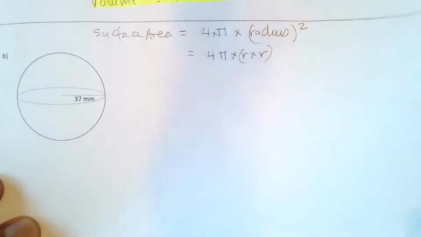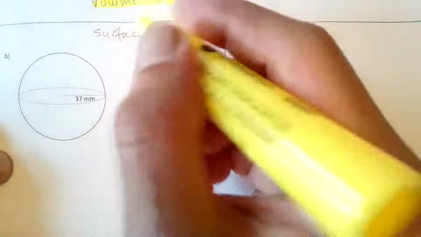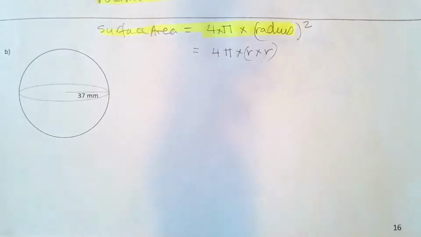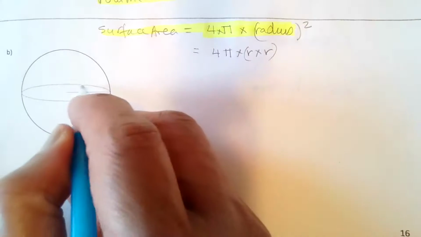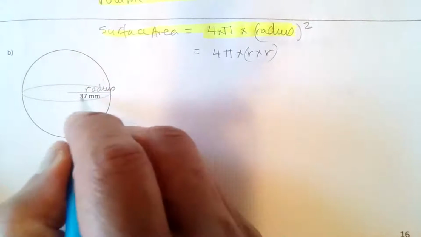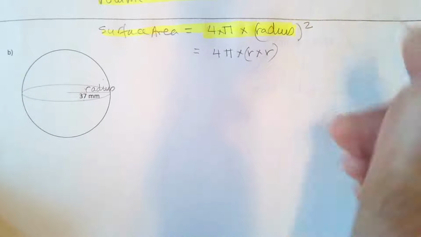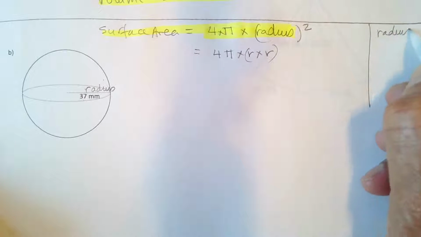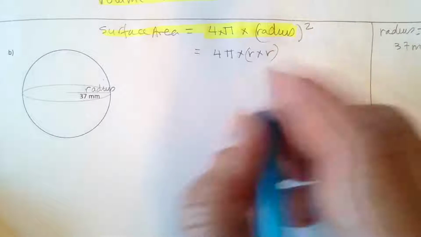Now let's look at what we need. We need our radius, so I'm going to highlight the formula. Our radius, say, is 37 millimeters, so we can record that here. Radius equals 37 millimeters.